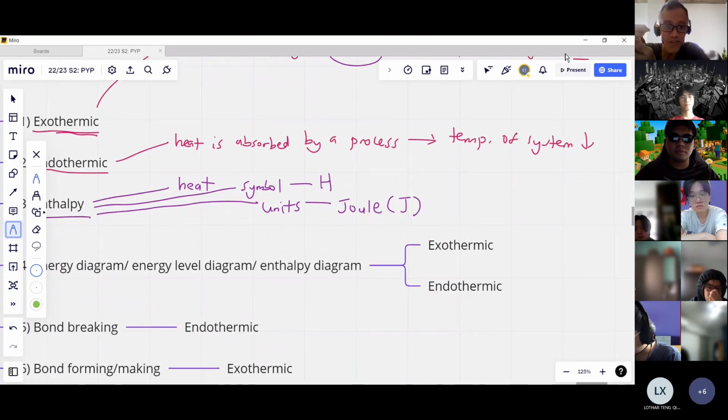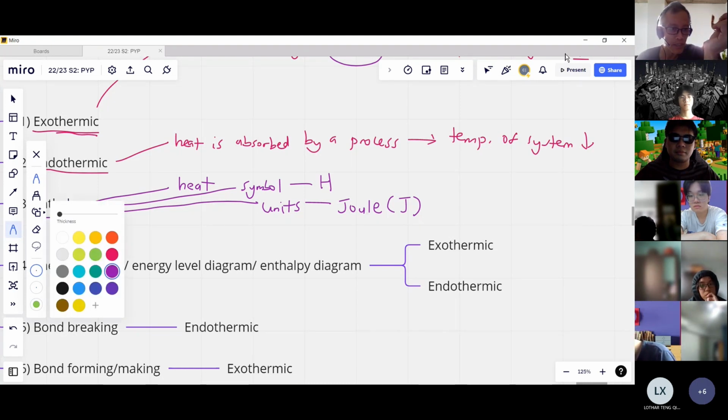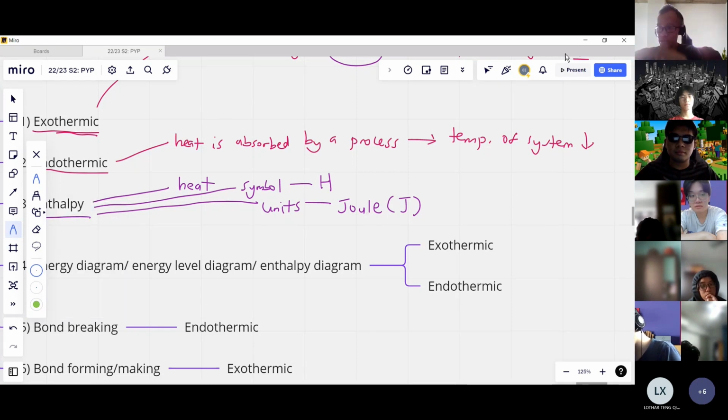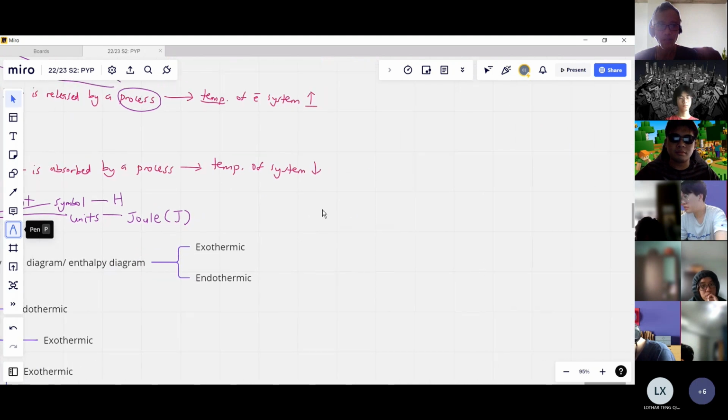Again, I have to emphasize I'm not writing all this out for fun. You are expected to know all this. All right, and of course they are likely to come up in your assessment. So enthalpy units will be joule. Just now Clarence was talking about K. Try not to confuse yourself. K stands for Kelvin.